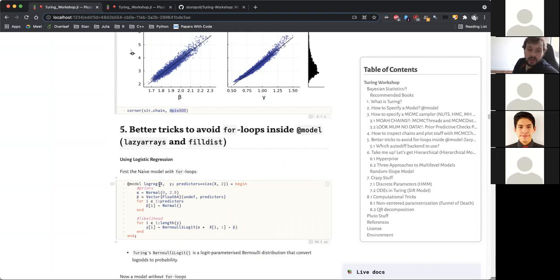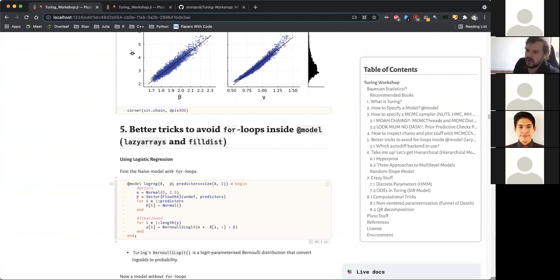So you say, okay, I have a matrix of data X. I have a dependent variable or a response variable Y that I want to model, and Y only takes values either 0 or 1. So it's a binary discrete variable. And you can also do something like this if you want to give the model a better signature and also make it type stable.